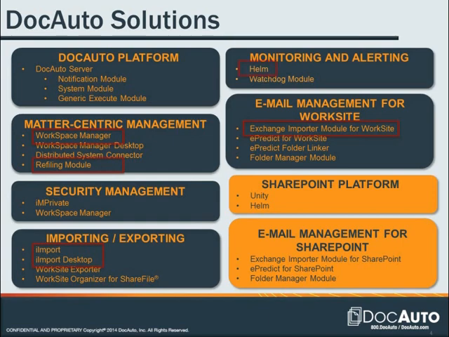And then the Helm monitoring platform can also be used to keep track of duplicates and these kinds of things in WorkSite, and also do trend analysis, projections, history reporting, notifications, alerting, and so on, as part of a comprehensive duplicate management scheme within the WorkSite platform.